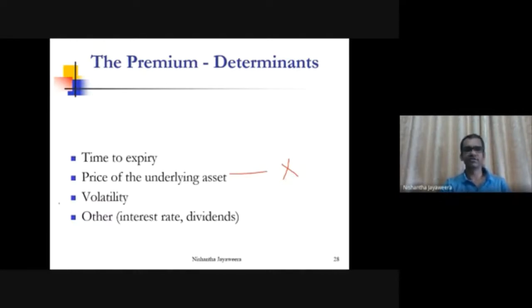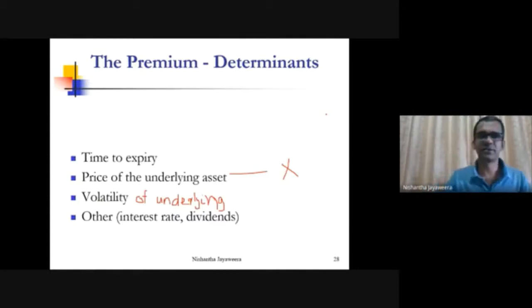Then the volatility of the underlying asset price. Then other factors such as interest rates and dividends. We'll discuss very briefly how these things will have an impact on the premium. What are the impacts of these variables?